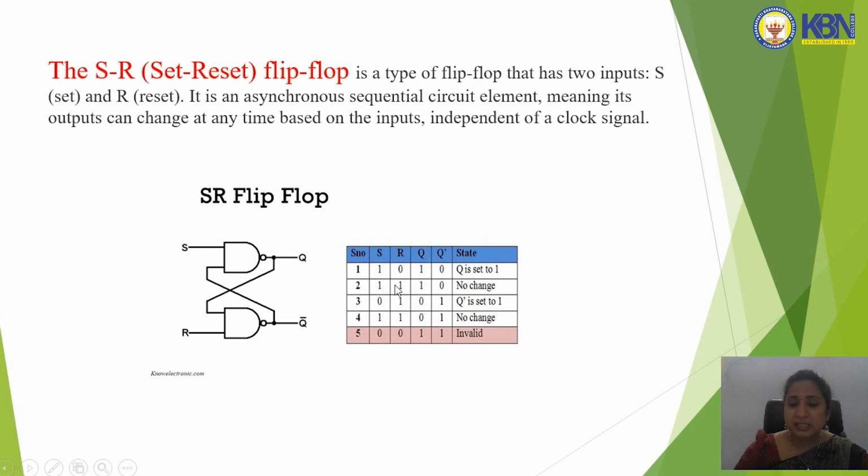If both conditions are low as input, the output will have no change. If R is high and S is low, then the output becomes 0. If both conditions are high, the output will be invalid. This is the truth table for the SR flip-flop.